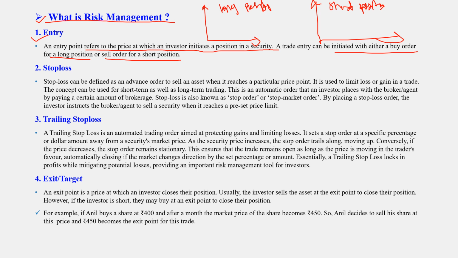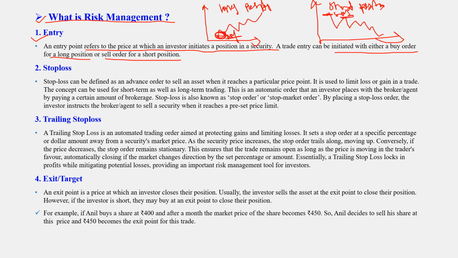So in the long position, we expect the market will be going up, right? So we need to first buy, and that position is called the entry point, right? And in the short position, we anticipate that the market will be going down, and in that position we first need to sell, right?